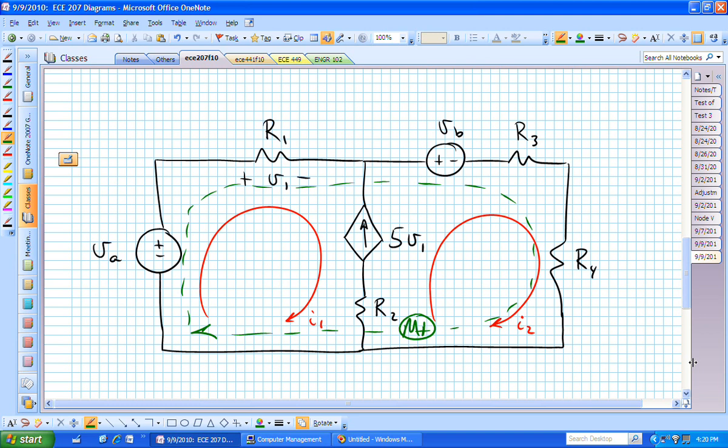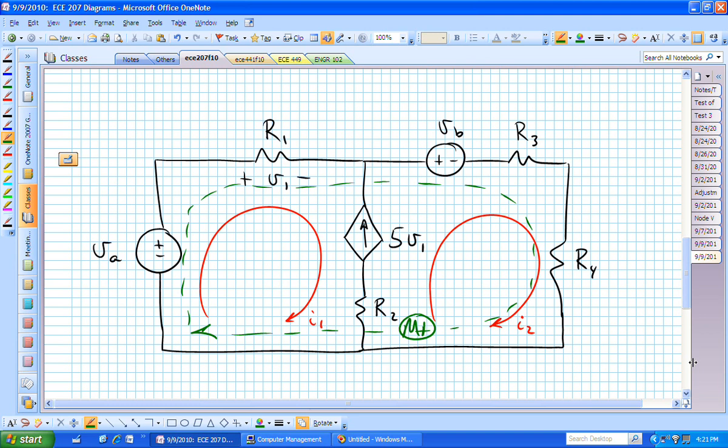Other questions? Yes? Do you always assume the voltage across your resistors are positive no matter the orientation of your voltage sources? So the question was, are we always considering our voltage drops across the resistors? We're changing the direction of those voltage drops, aren't we, depending on which equation we're writing.